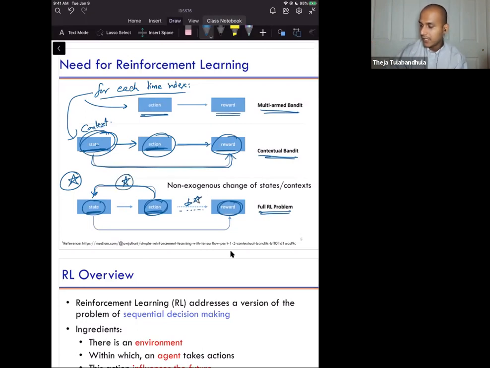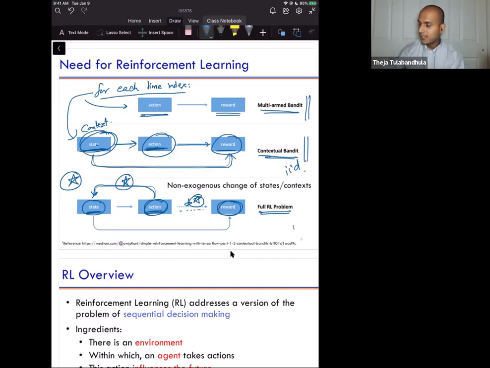So one is that you could have rewards which appear not just immediately. Here, the basic unit is every interaction: one interaction done, then a fresh interaction in the next round. Something like an IID style property holds there. There is no relation between one time index and the next. Here it is not the case.